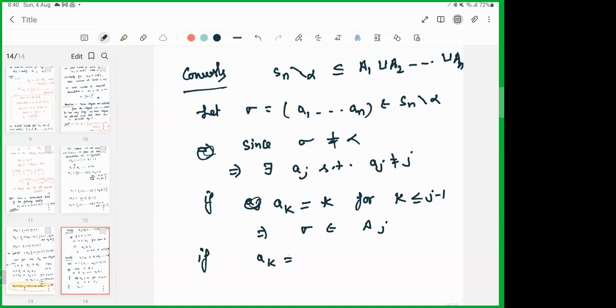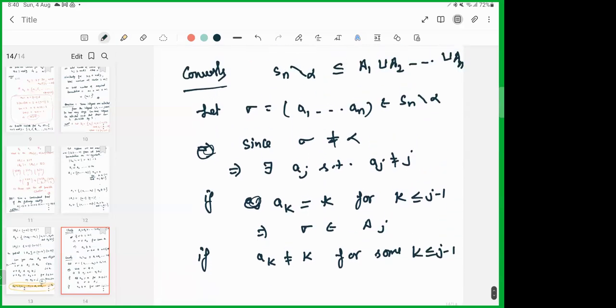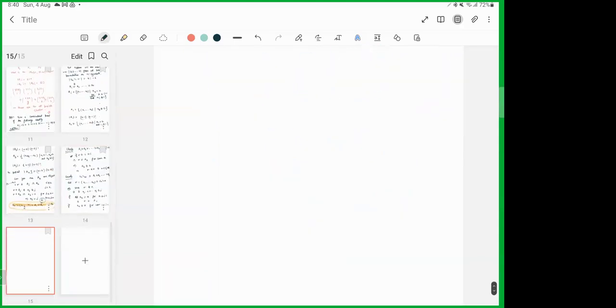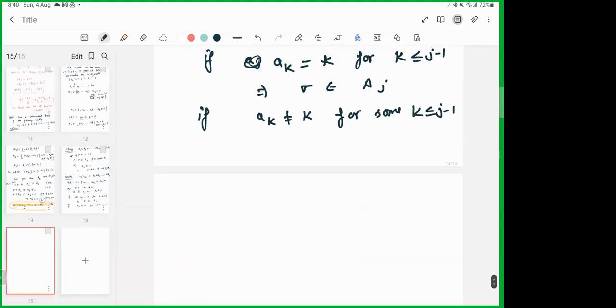If Ak does not equal K for some K, then it goes to capital AK, and so inductively there will be some capital A such that it belongs there. Yes, you are good.